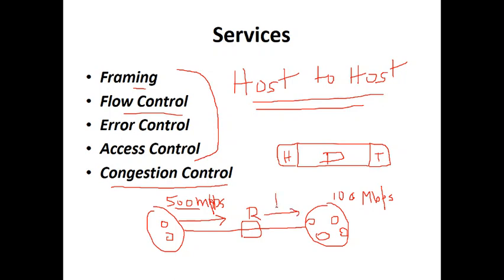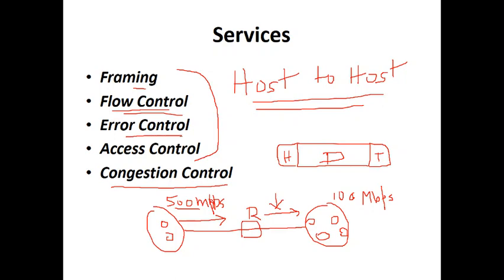The data rate should be reduced so that the packets will not be lost whenever they are received by this network. That is why we have to do this flow control, to reduce the loss of data. That is also done by the data link layer. More about that we'll discuss in the future classes.